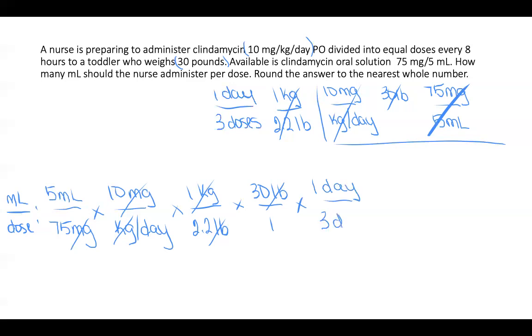I left the day on top because I want to cancel out days, and I have days on the bottom here, right? So I can cancel that out. And I'm left with milliliters per dose, which matches what I'm looking for. So now I can do my math straight across. 5 times 10 times 1 times 30 times 1 is 1,500.